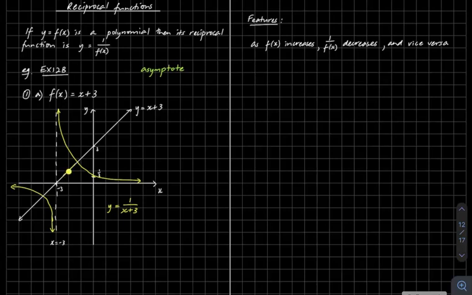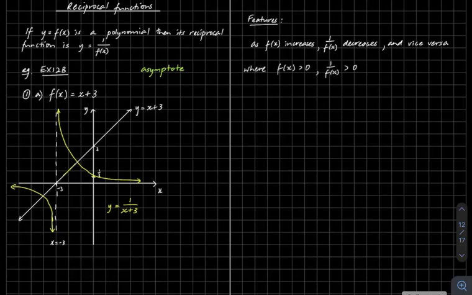As this function was going up in value, its reciprocal was coming down in value, and likewise as it was going down in value, either as a positive, then it was going up in positive values, or here where it's decreasing as a negative, then this is increasing as a negative value, and so on. So basically the function and its reciprocal behave in opposite ways in terms of increasing and decreasing.